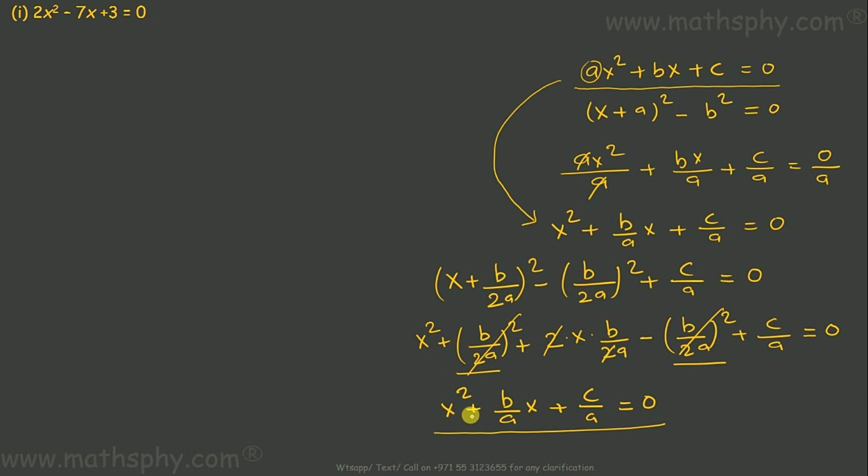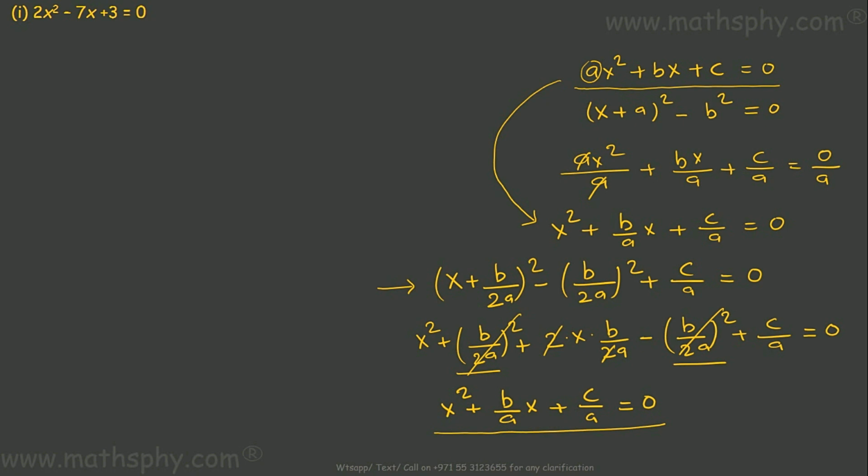If I multiply this equation throughout by a, I'll be back to this equation. So this equation here or this equation here, both are same. They have been presented differently. Now this piece here, I will be using to convert this equation in this format. (x plus a) whole square minus b squared equals 0.